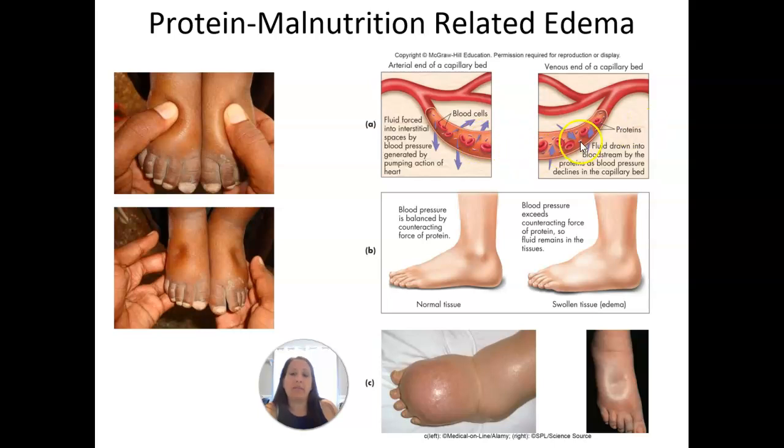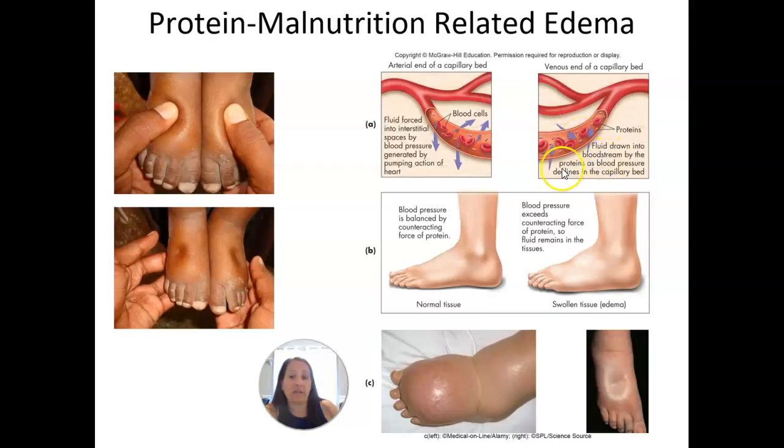And then what happens over here, at the other side of the capillary bed, is that there will be these proteins, again, albumin and globulin, that are circulating in the bloodstream, and they're going to actually draw excess fluid into the bloodstream, okay? And again, it's those proteins that are responsible for drawing the fluid into the capillary bed.